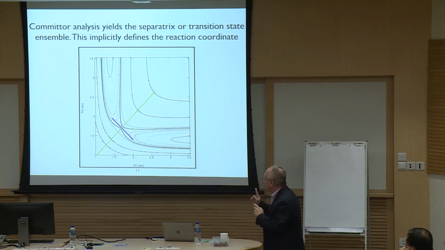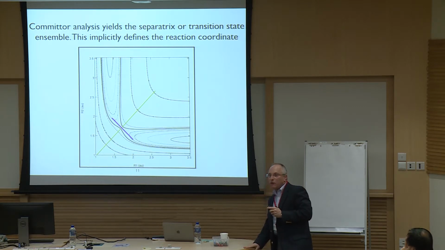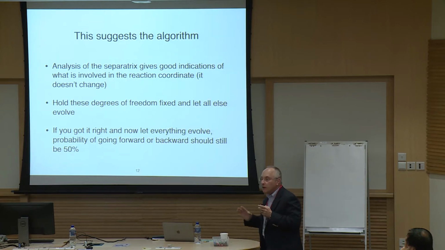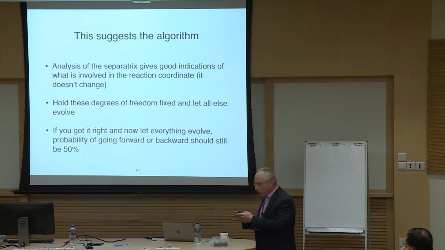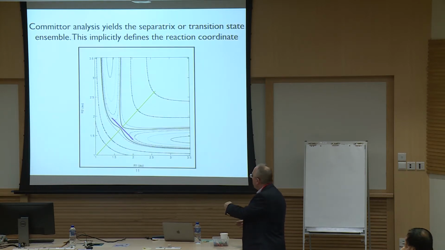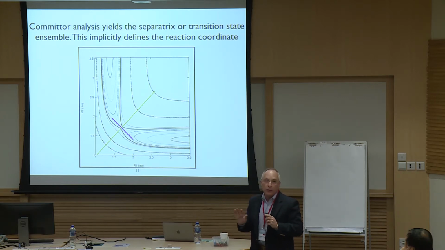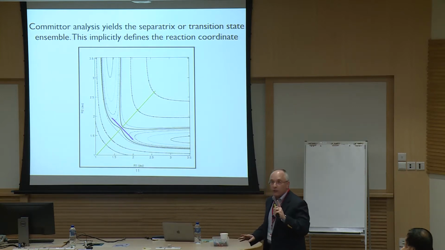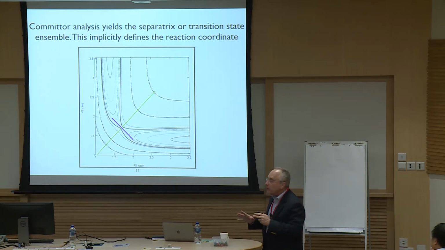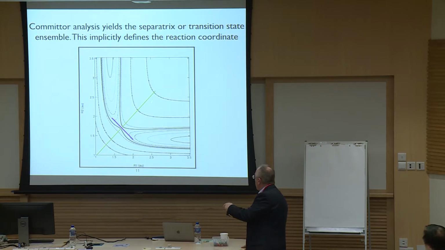Okay? There actually is a better mathematical definition of that, and that is, if you want to guess what the actual reaction coordinate is, you poise yourself on this separatrix, and you hold what you consider the reaction coordinate to be fixed. Then you run classical trajectories with those degrees of freedom held fixed, and that will cause you to just walk back and forth along the separatrix.